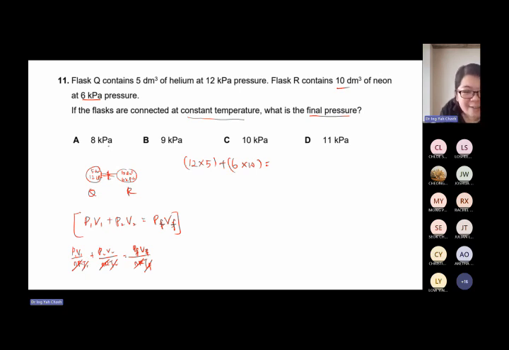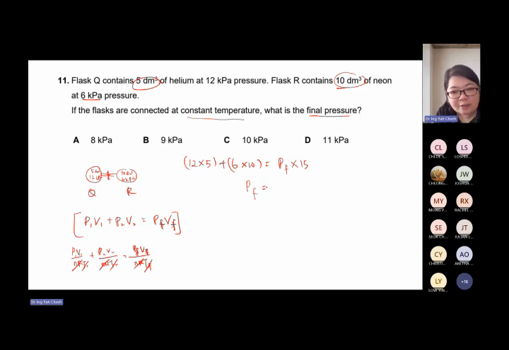After they're connected, we want to find the final pressure. So of course, we don't know PF. That is our unknown. Now, that means V is known. So what is V after we connected? Total volume, 5 plus 10, 15. Okay, so rearrange the formula.